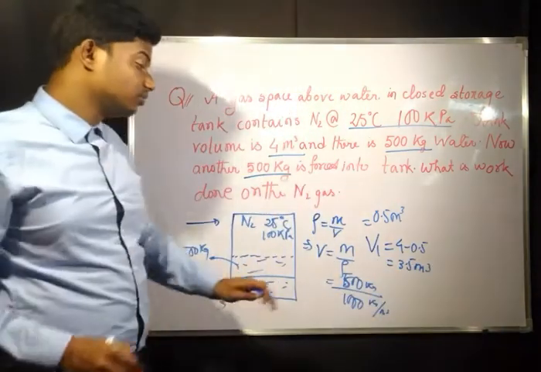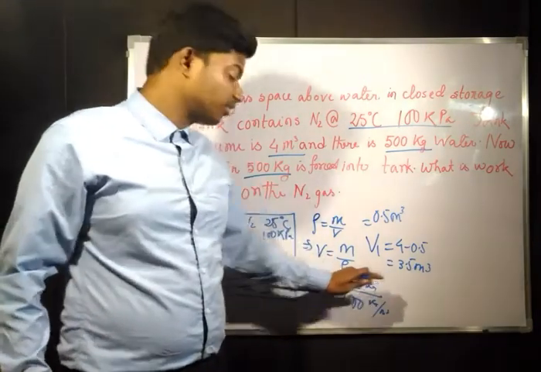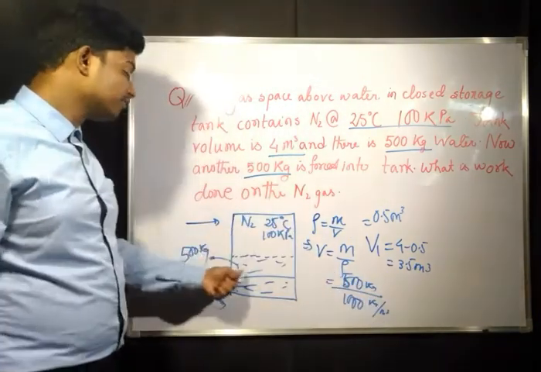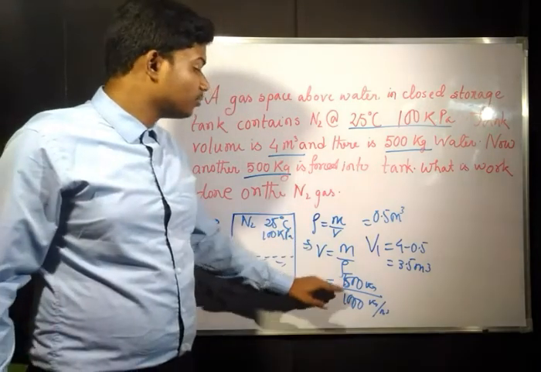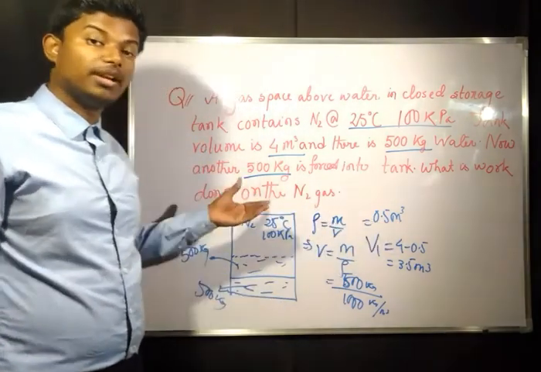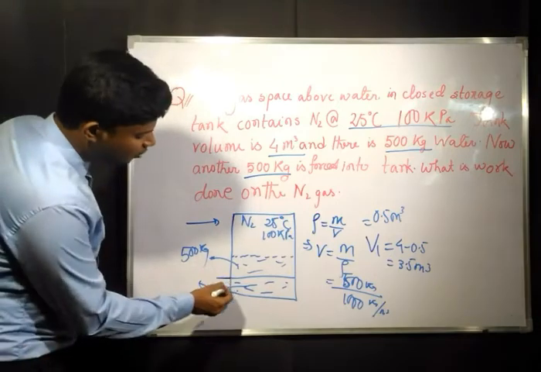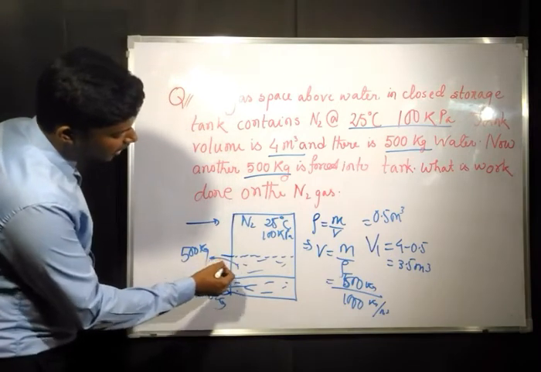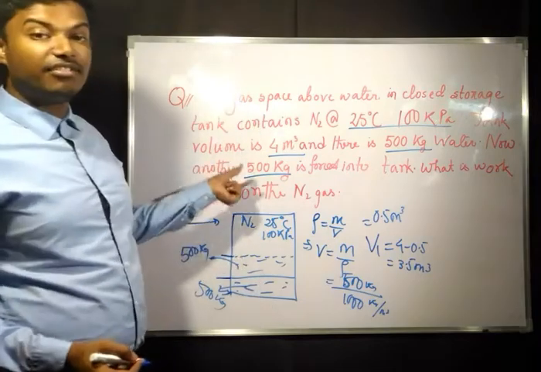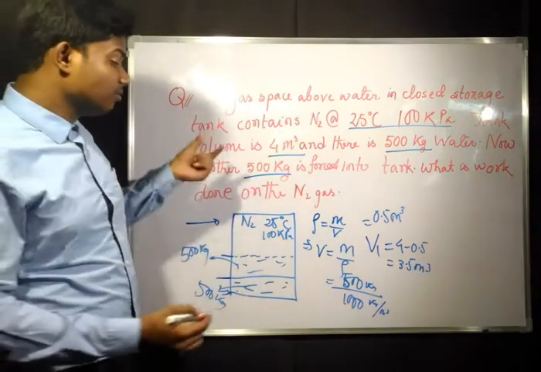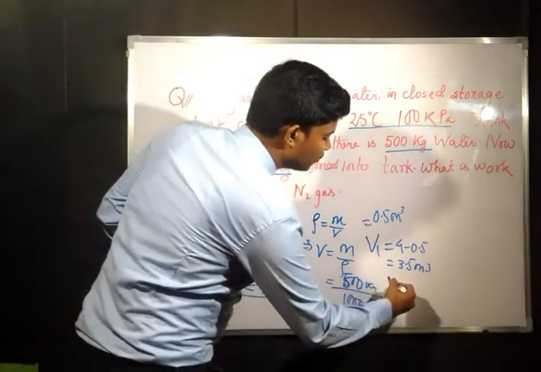So this was the initial volume of the nitrogen in the tank. Now another 500 kg of water has been forced, which means another 0.5 meter cube volume has been occupied. At first there was 0.5 meter cube, and now another 0.5 meter cube has been added. Now what is the final volume of the nitrogen? The final volume of the nitrogen would be V2.